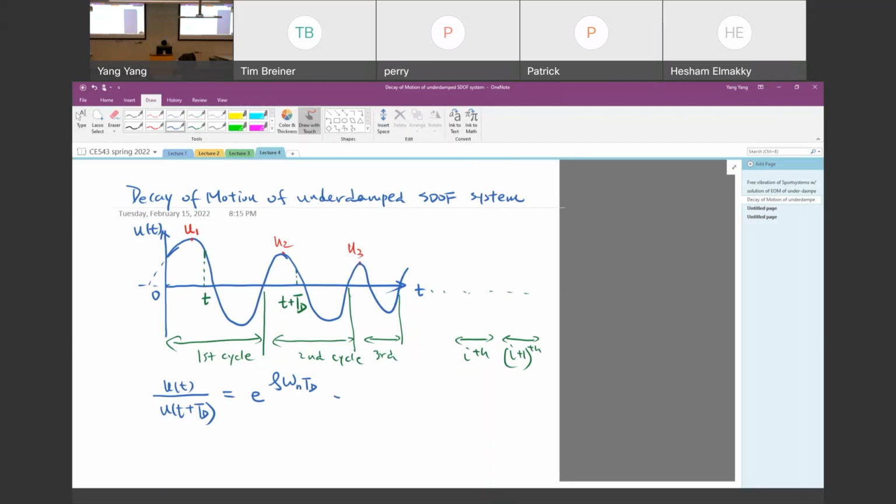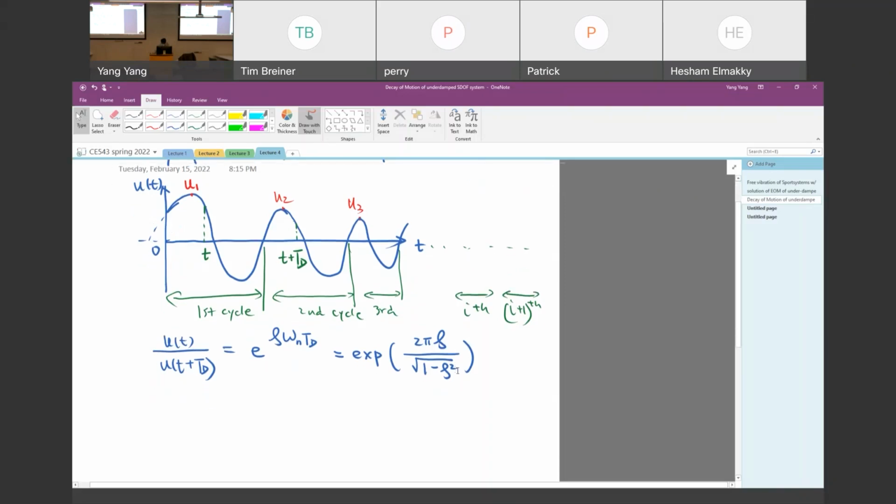Or we can express that as a damping ratio. So that means that the ratio between the displacement at time t and the displacement after one cycle can be expressed as a function of the damping ratio.